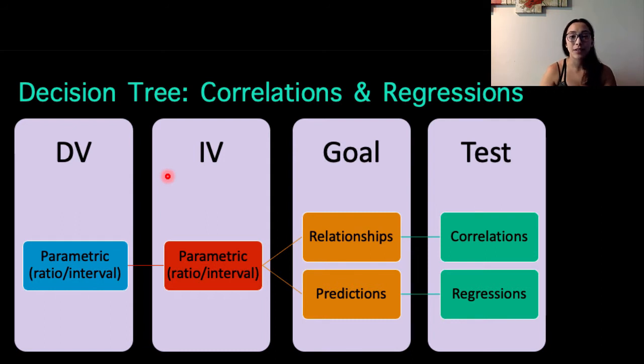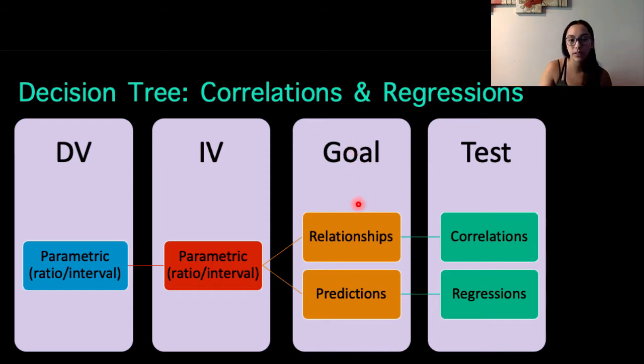When we get to regressions, that's when the independent and dependent variables should be defined, but again, we'll cover that in a different lecture. Generally speaking, though, the types of variables that you should have for your dependent and independent variables should be parametric, right? So you either have ratio or interval data. And then the goal of the test is going to help split up if you're doing a correlation or if you're doing a regression.